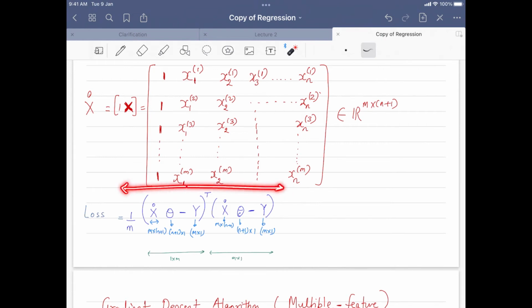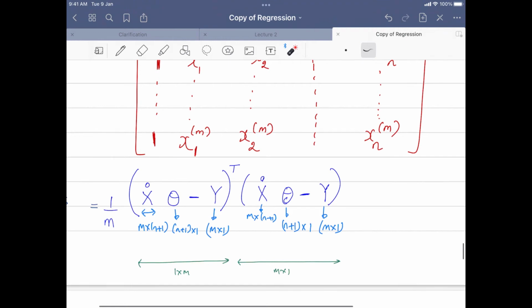If you recall, the loss function will remain the same, but now the dimensions of the matrix will change. In the earlier case it was m cross 1 here, so it was 1 here, but now it is n plus 1. Similarly, in the earlier case it was 2 here, because 1 plus 1, so earlier it was m cross 2, and the theta was 2 cross 1, but now as the features are increased, it's generalized to n plus 1.